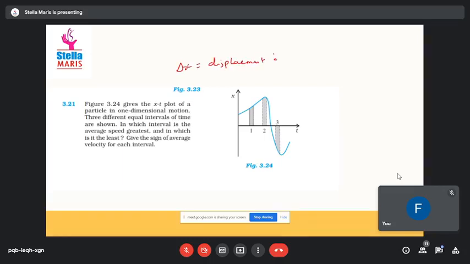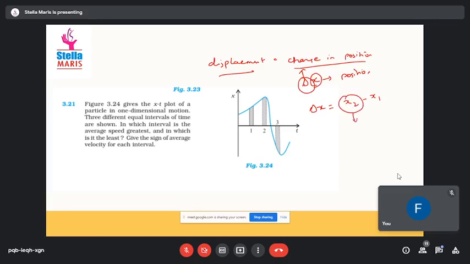Displacement is nothing else but change in position, and it is denoted by del x. x is nothing but position, and del is nothing but change. So del x is equal to x2 minus x1, which is displacement. x2 is the final position, and x1 is the initial position.